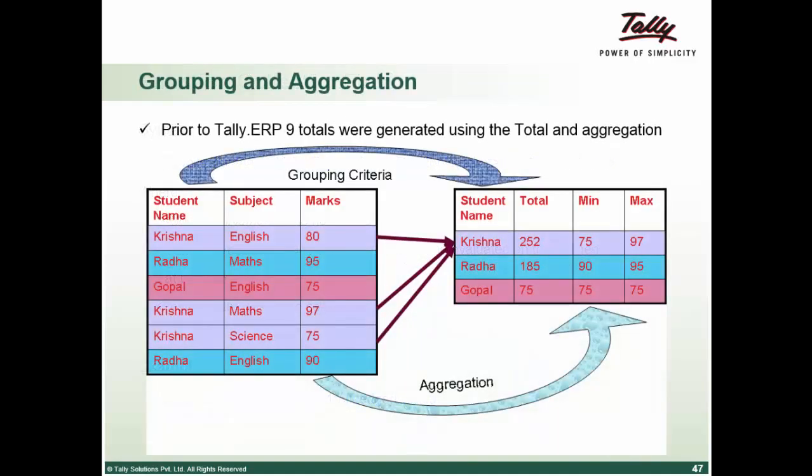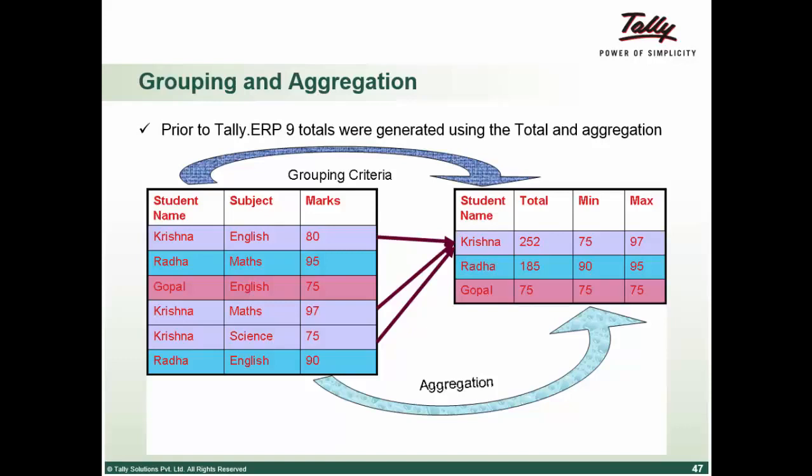Now, what is grouping and aggregation? Well, prior to Tally ERP 9, totals were generated using total and aggregations. However, from Tally ERP 9, a major technological advancement is the data roll-up in the TDL by collection Group By.